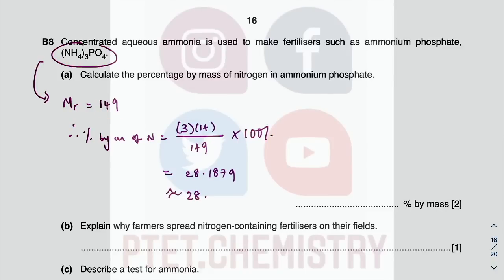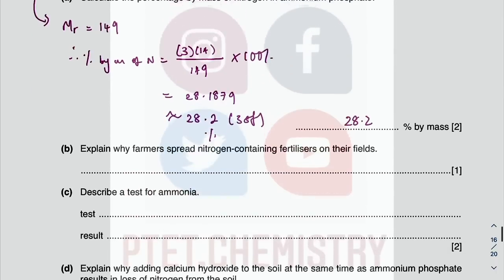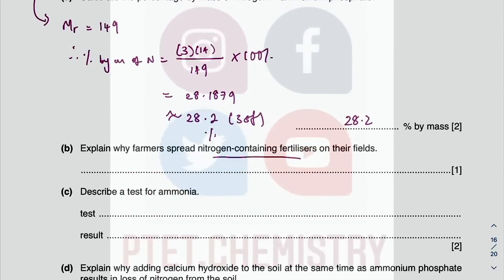So I could get away by rounding it up to 3 significant figures, simply because the data I use has 1, 2, and 3 significant figures when they don't tell me how much to round up, yeah? Okay? So why do you use nitrogen containing fertilizers on their field?